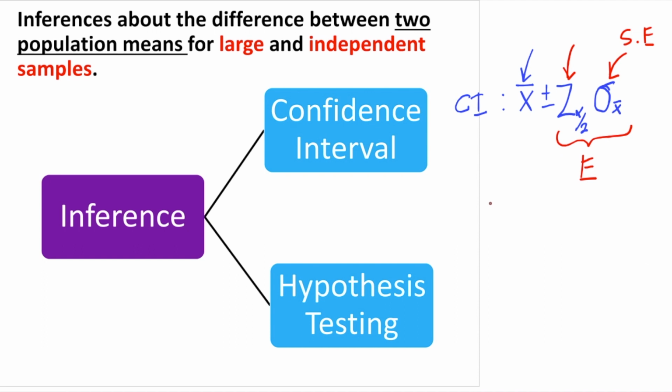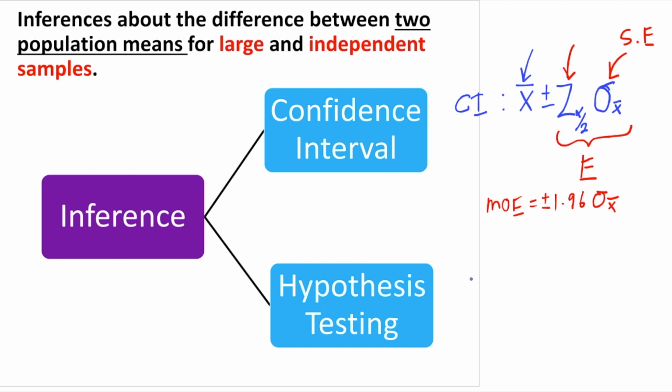We've also learned about margin of error during estimation, where the formula is plus minus 1.96 multiplied by the standard error. So this is the estimation for one population mean.